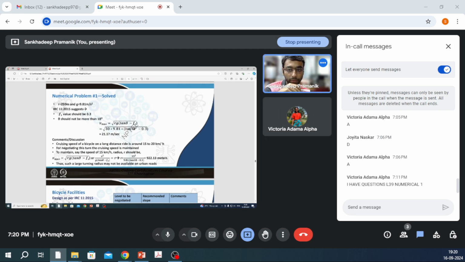Okay, cruising speed of a bicycle on a long ride. They are saying that it lies between 15 to 20 kilometers per hour, but the cruising speed is 10.